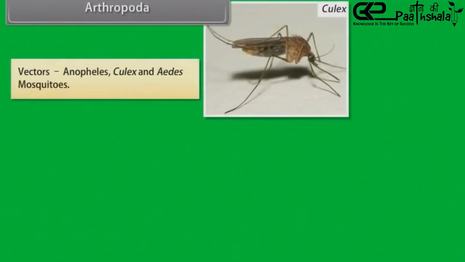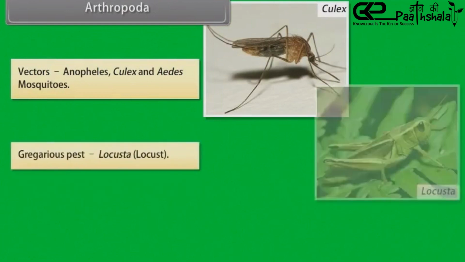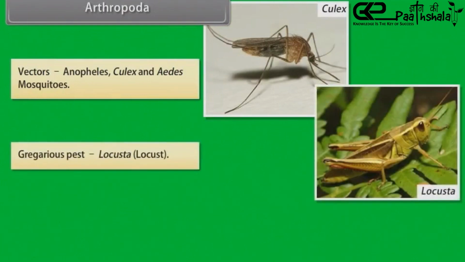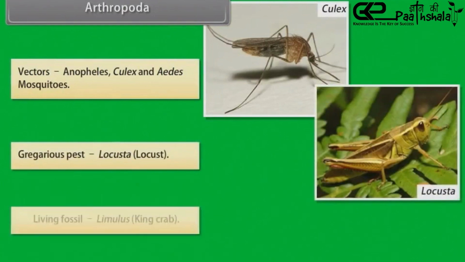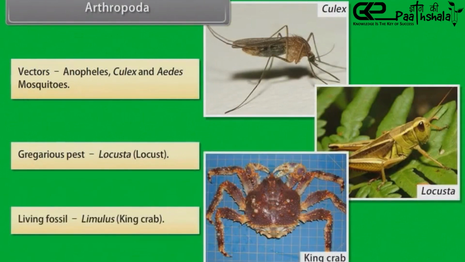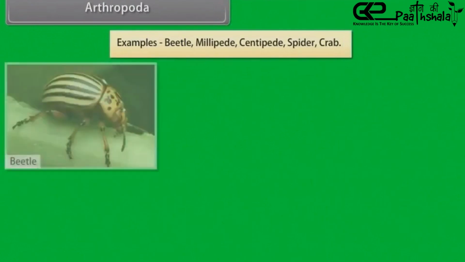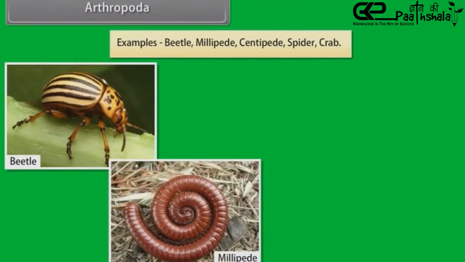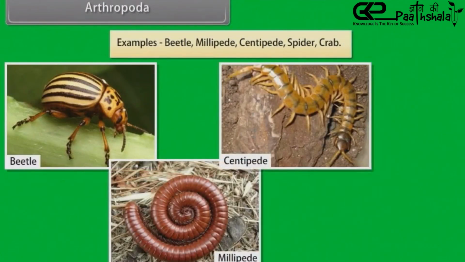Vectors: Anopheles, Culex, and Aedes mosquitoes. Gregarious pest: Locusta, that is locust. Living fossil, that is Limulus or king crab. Examples: beetle, millipede, centipede, spider, crab.